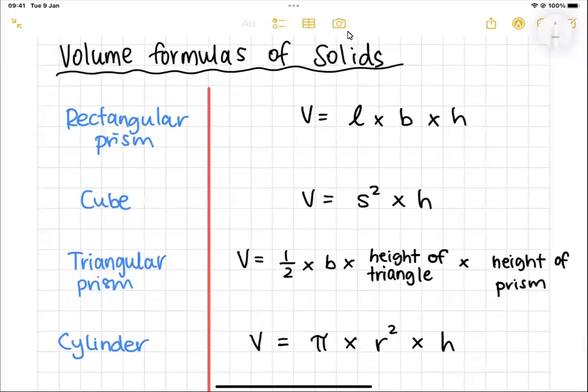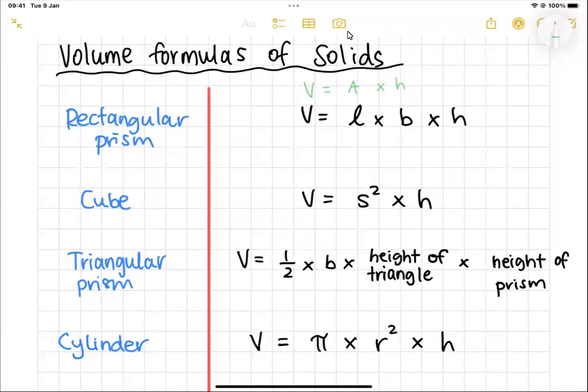So the volume formula of a rectangular prism is V equals L times B times H. How we got that is from that little recap that I did on the first part of the volume, where we talked about it being the capital A, which means area of a cross section, times the height. Area of a cross section is if you've got a tissue box, you cut it every single time.